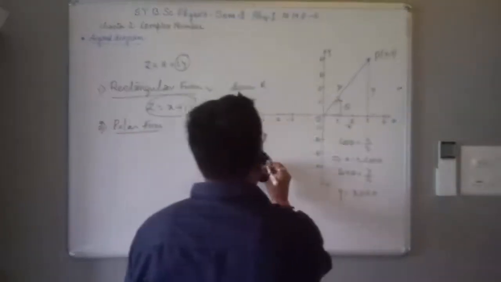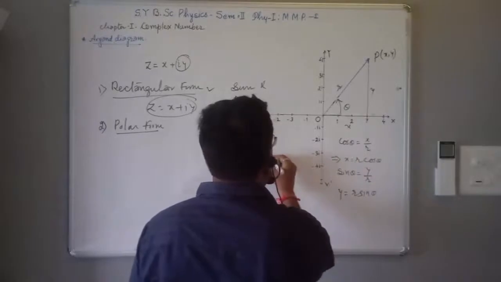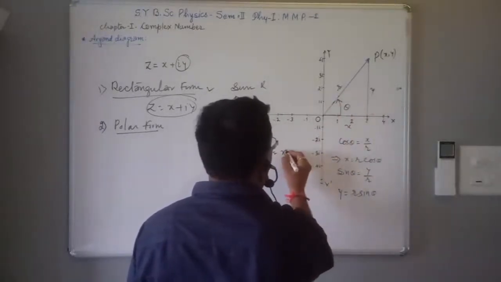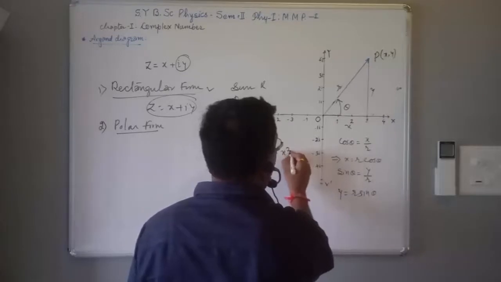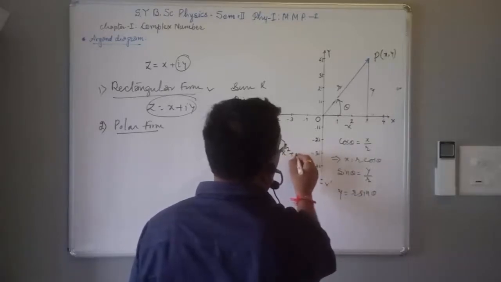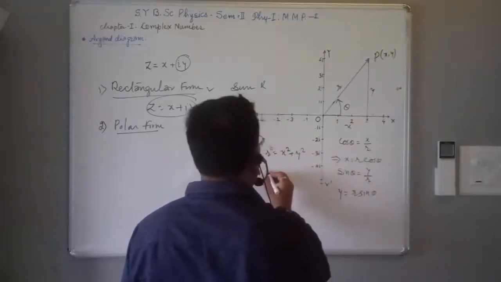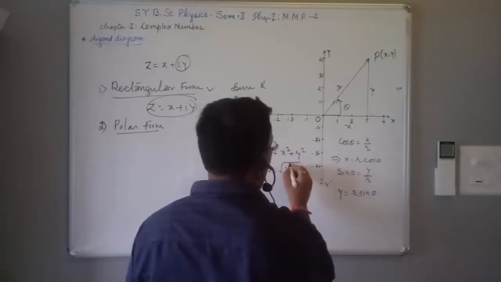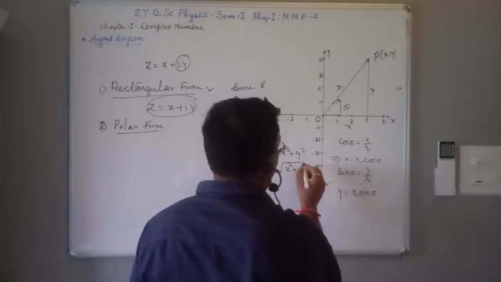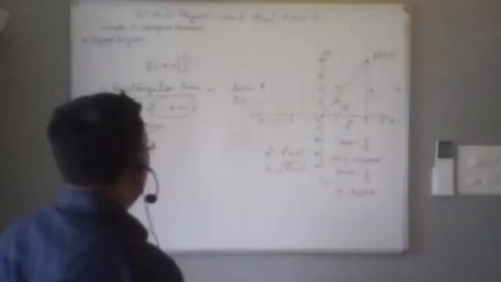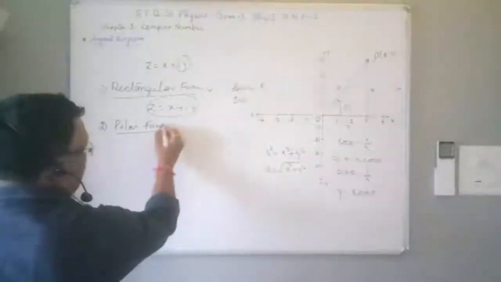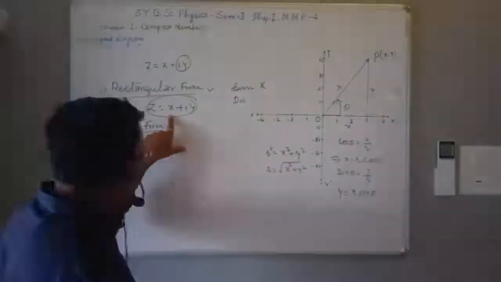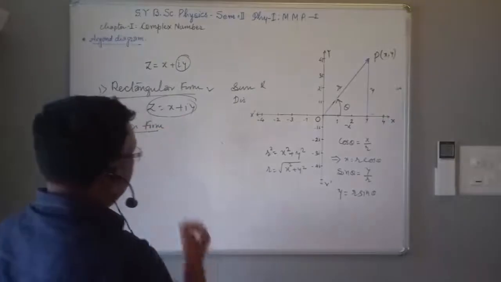This figure also gives us r square, that is square of hypotenuse, is equal to square of adjacent side plus square of front side, that is x square plus y square, or r is equal to square root of x square plus y square. Okay. Now again we know that the rectangular form of complex number is z is equal to x plus iy.